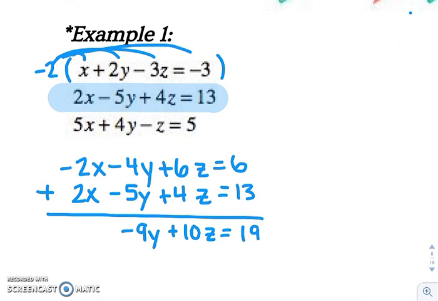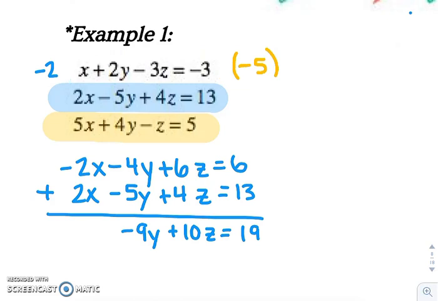I'm going to now use this equation, but I'm still eliminating x. So if that equation has 5x, we want this equation to have a negative 5x.